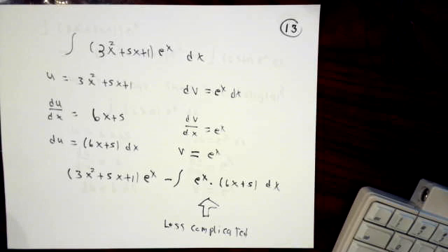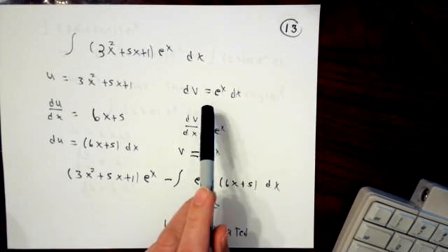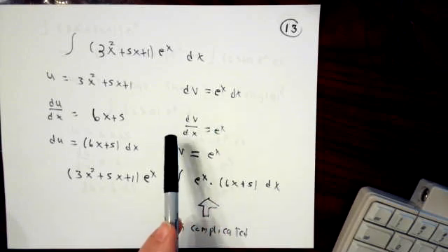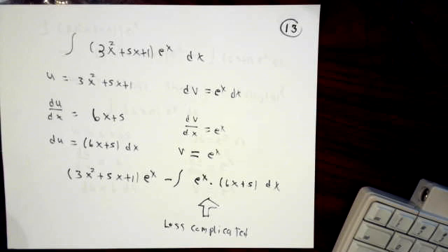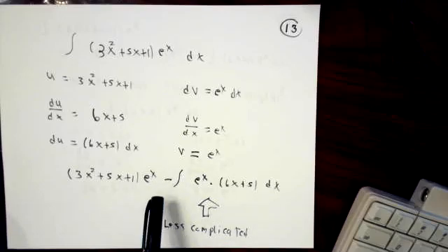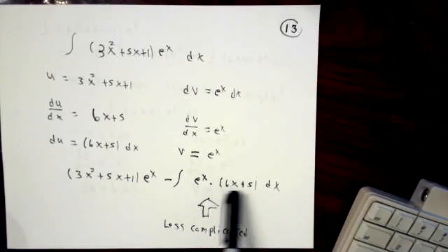On the other hand, dv dx is e to the x, and v is e to the x. So if I write down my integration by parts formula, this is u times v minus the integral of v du.